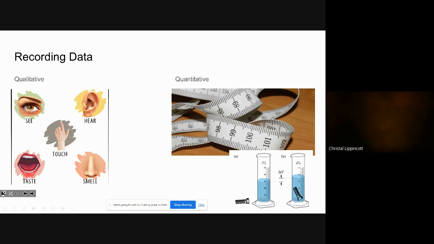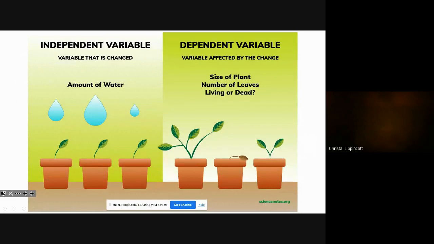Quantitative then is going to deal with numbers. So you've got some sort of quantity as opposed to some sort of quality. When we're doing these experiments, we have independent variables and dependent variables.